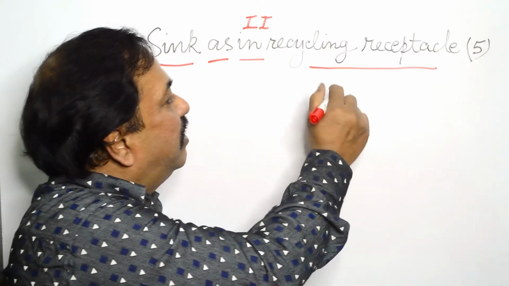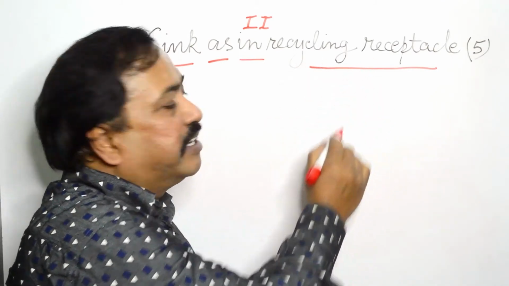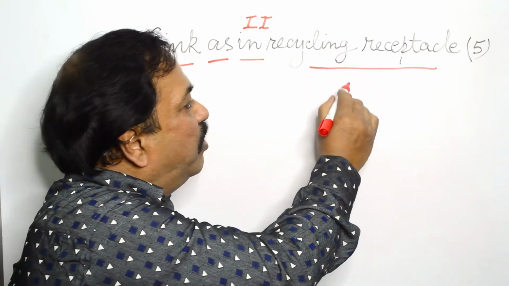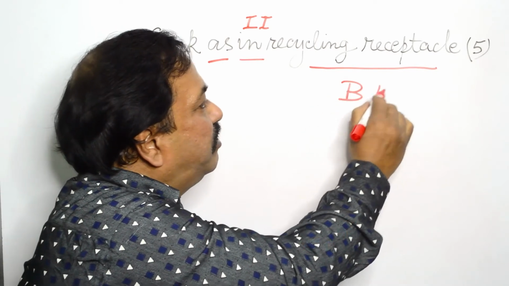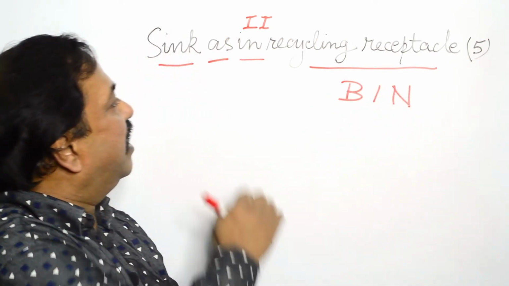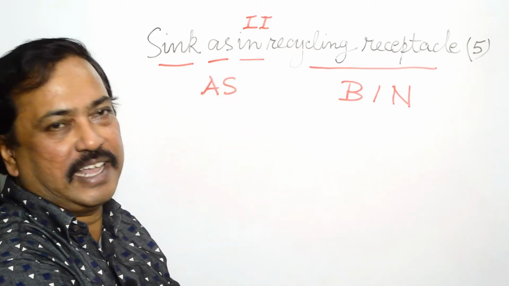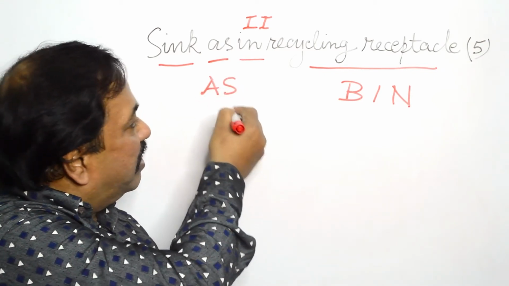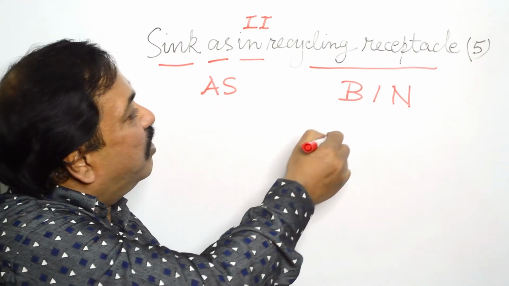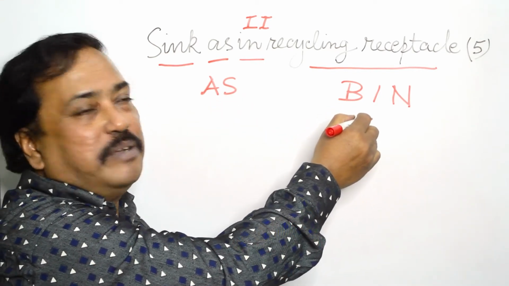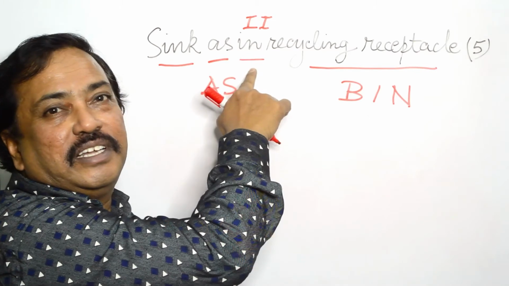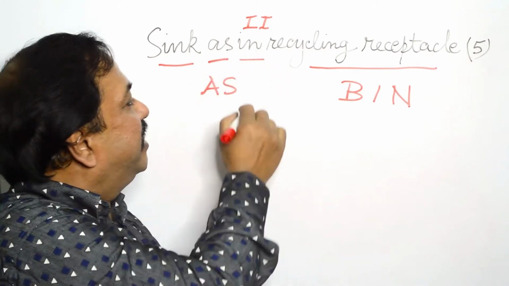We can think a recycling receptacle, a word, bin, a 3-letter word, bin. And as, we let as remain as it is. Now the X part will go inside the Y part, because this is an insertion indicator.